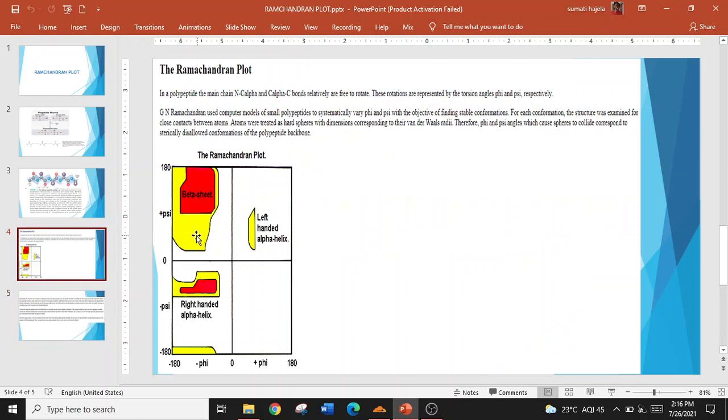Yellow region में left-handed alpha helix possible है. I think you know the secondary structures. That is why you must be understanding left-handed alpha helix क्या है, beta sheet क्या है, और right-handed alpha helix क्या है.